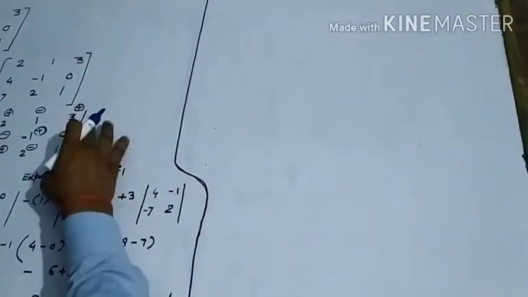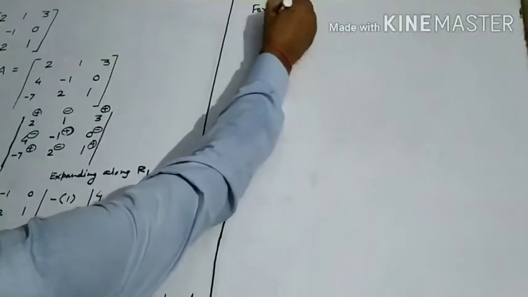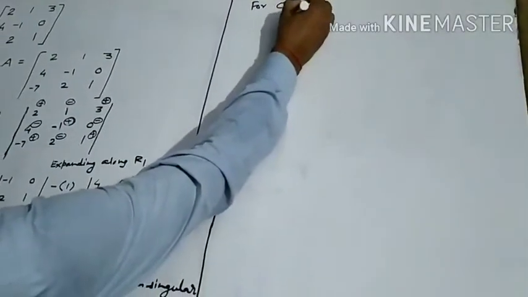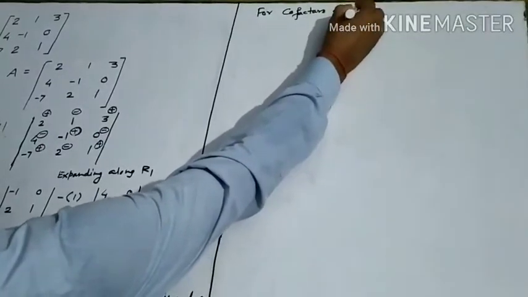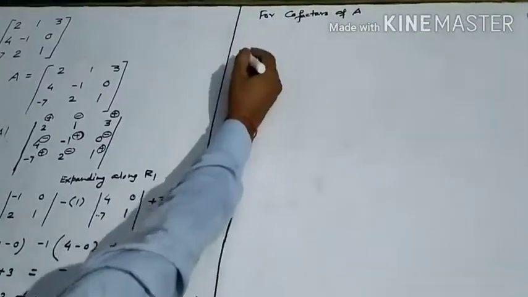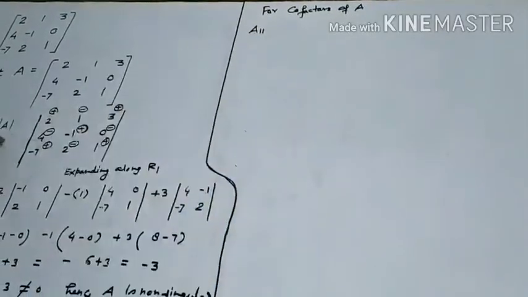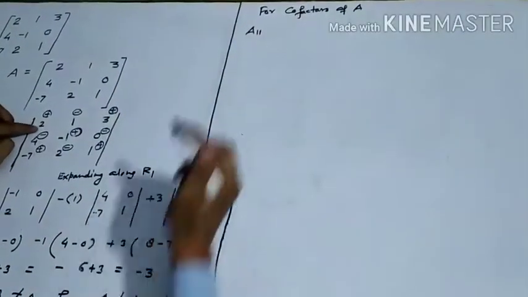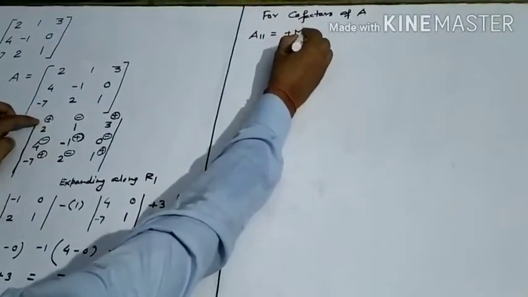Now after that we want to calculate the cofactors of the elements of matrix A. First you have to see A11, the cofactor of the element of the first row and first column, which is the 2. So the sign has to be plus, and then the minor of the element of the first row and first column.